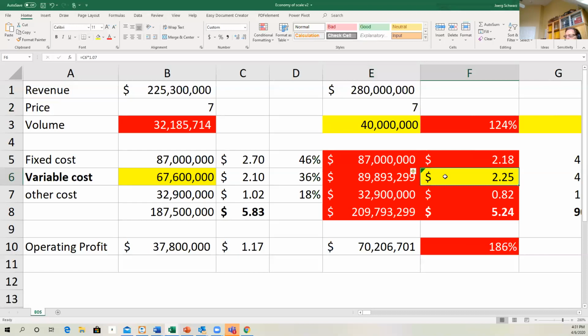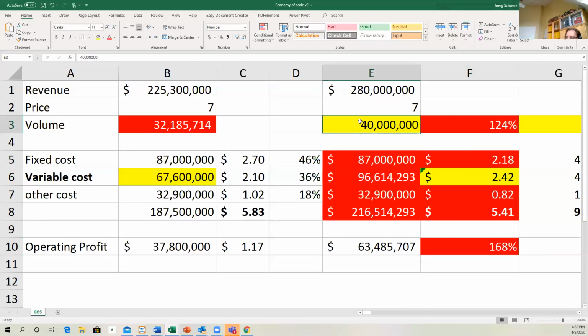Now you will say, well, what does it look like if I switch to pots? Because I know that pots is the highest demanded formulation. Well, let's look. What does it look like with pots? Well, with pots, at 40 million units, I still generate 168%, so 68% more margin than at powder if I generate 40 million units.